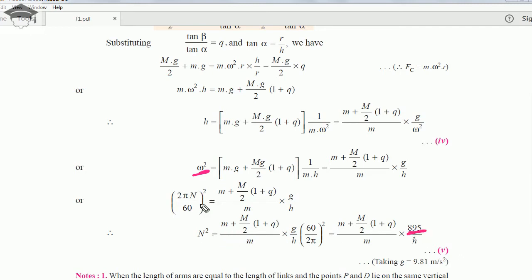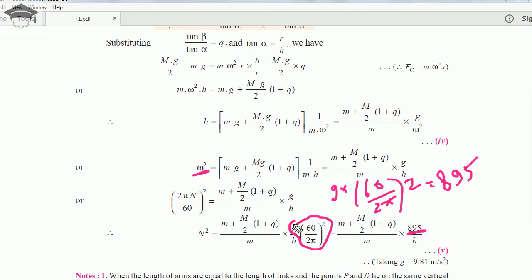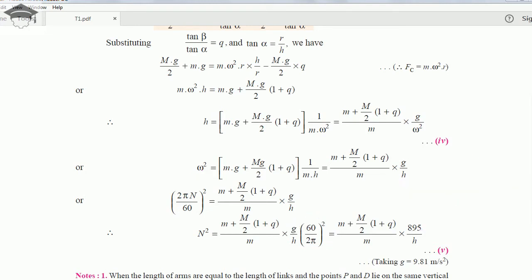So finally, when we rearrange the terms, n square becomes m plus M by 2 into 1 plus q upon m, into g by h into this value, and g into 60 upon 2 pi whole square comes out to be 895. You can calculate it from the calculator. So n square is equal to m plus M by 2 into 1 plus q upon m, into 895 upon h.